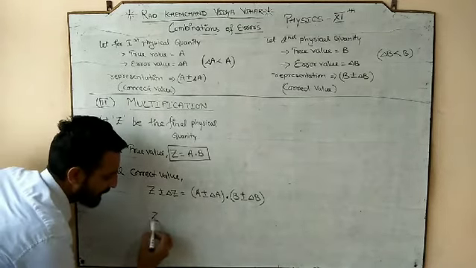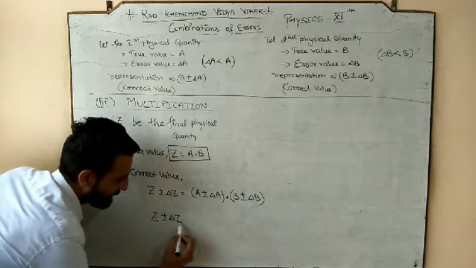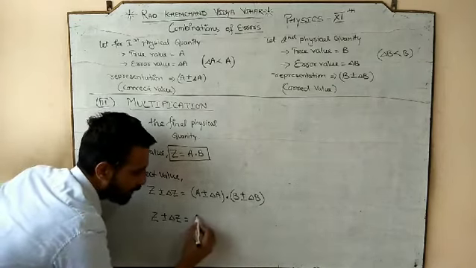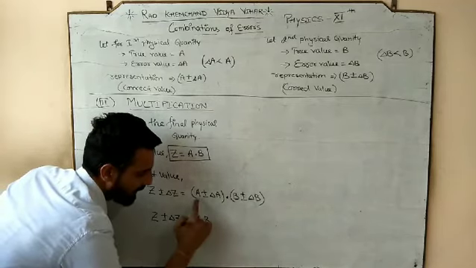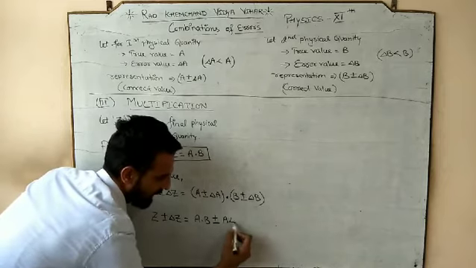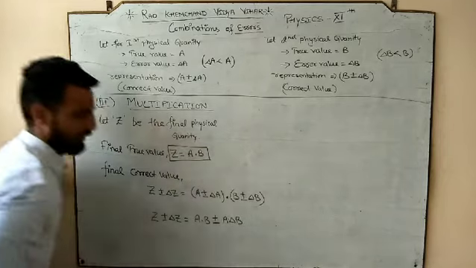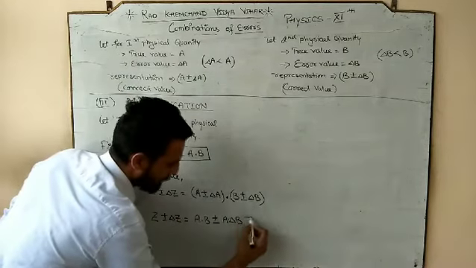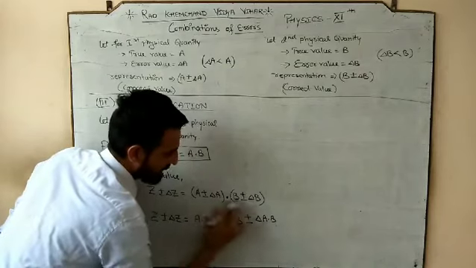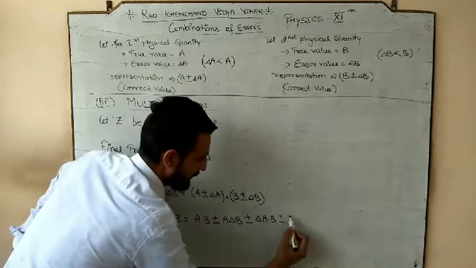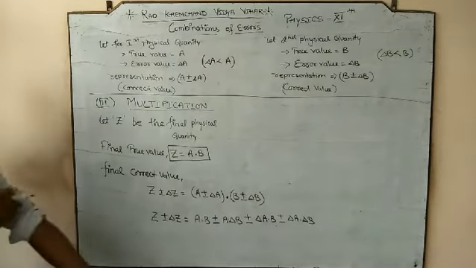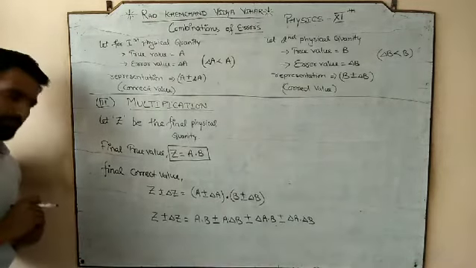So Z plus minus delta Z is equal to, when you multiply, open the bracket, A with B, it would be A dot B. Now A with delta B, so it would be plus minus A into delta B. Then delta A with B, so plus minus delta A into B, and then plus minus delta A into delta B. Clear with that? So here we have all the operations.